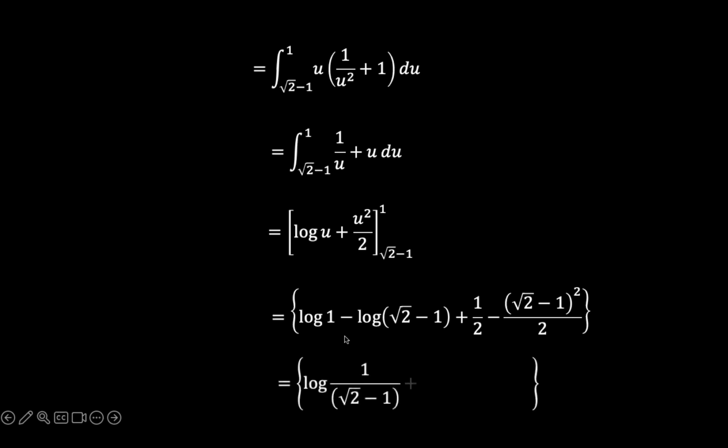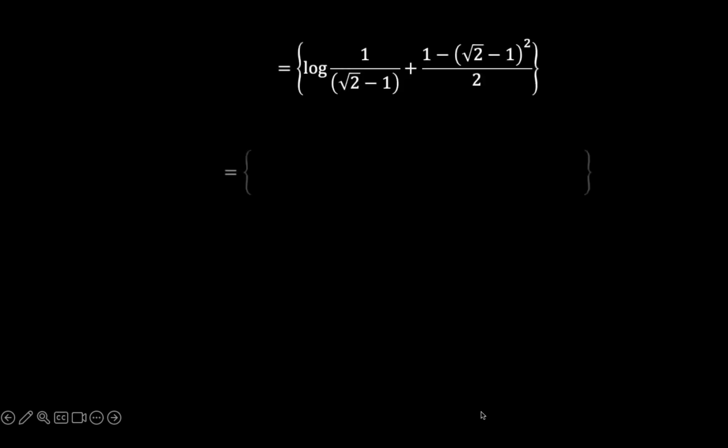And so using the rules of logarithms, we have here the natural logarithm of 1 over root 2 minus 1, plus, combining these two since we have a common denominator, 1 minus root 2 minus 1 squared over 2.